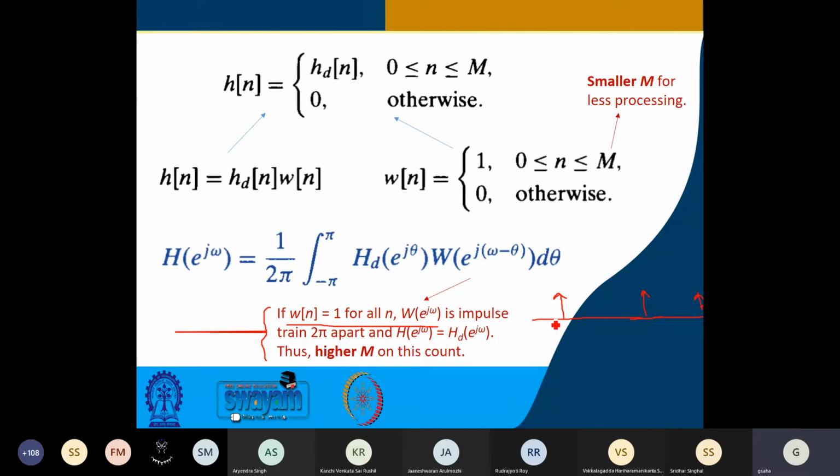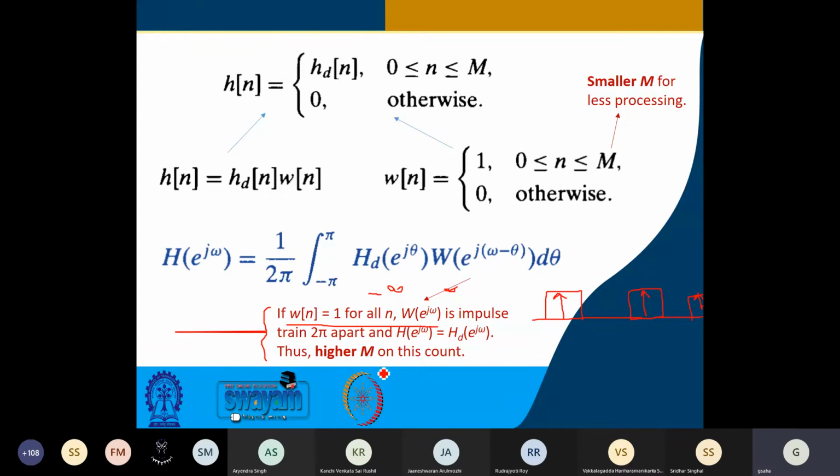Right? So that will be nothing but that ideal filter that we have seen. That is what you get by convolution. But in that case, Wn equal to 1 for all n means minus infinity to plus infinity. That is again impractical.